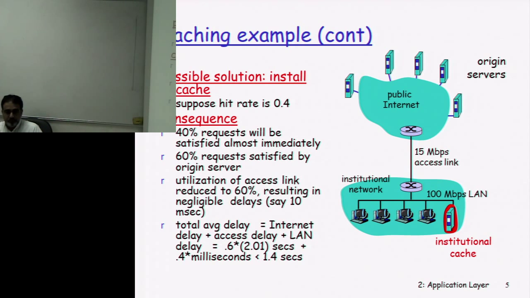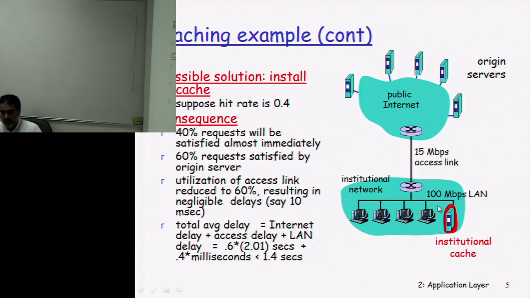Where is the access delay? Access delay is here on the access link. LAN delay is here, and internet delay is here. These are the three types of delays we have written in the equation of total delay. The first delay is the internet delay, which will be faced here over the internet. The second delay is the access delay, which is here, and the third delay is the LAN delay, here in the LAN.